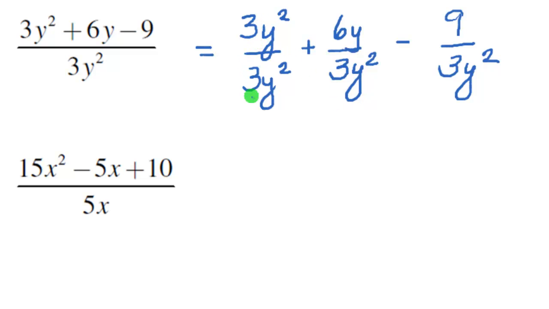Notice in the first fraction that we get the same numerator and the same denominator, so we know that those reduce to a 1. The 3's reduce and the y squares reduce, and we get 1. In the next fraction, 6 and 3 have 3 in common, so we have a 1 here and a 2 here.